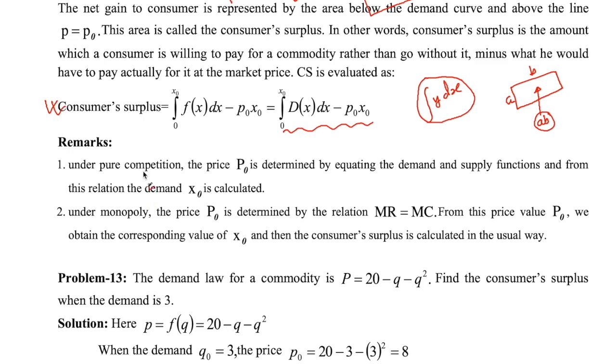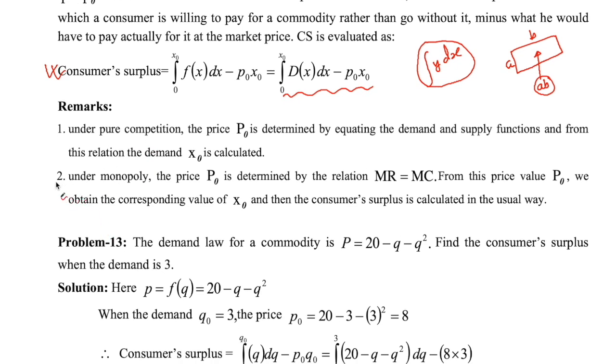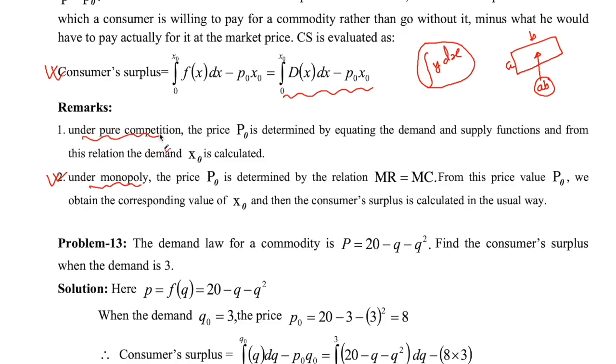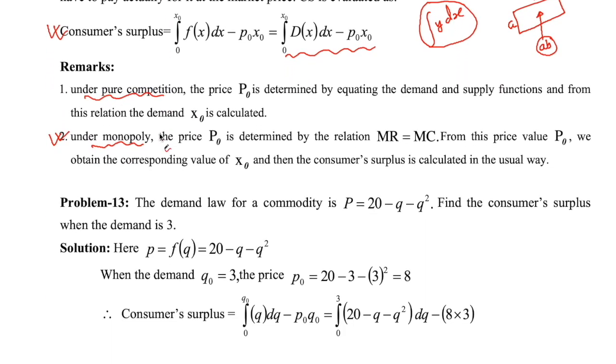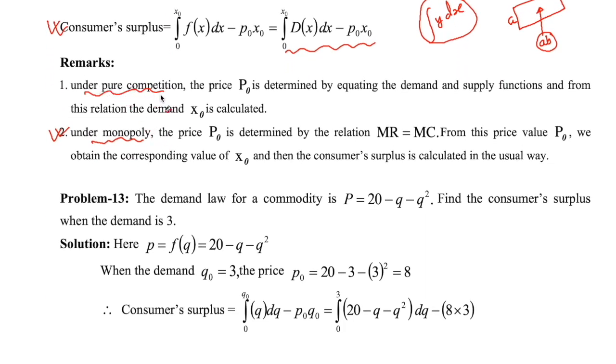এখন আমরা একটু প্রডিউসার সারপ্লাসের আগে এই রিলেটেড ম্যাথসগুলো একটু দেখে নিই। Before that you need to note this remark. Under monopoly, what will happen? This is the regular competition. Under perfect competition or pure competition, the price P0 is determined by equating the demand and supply function.